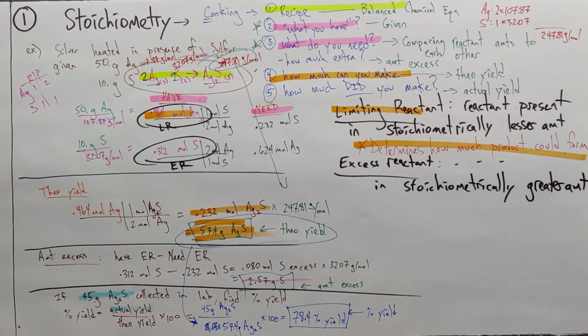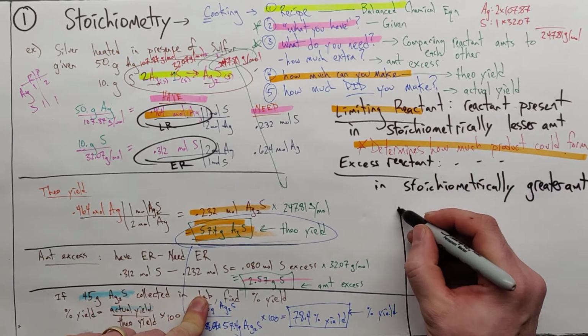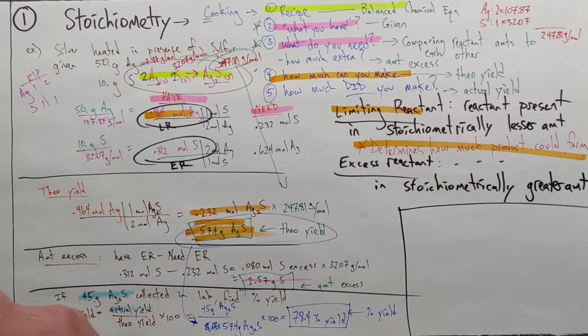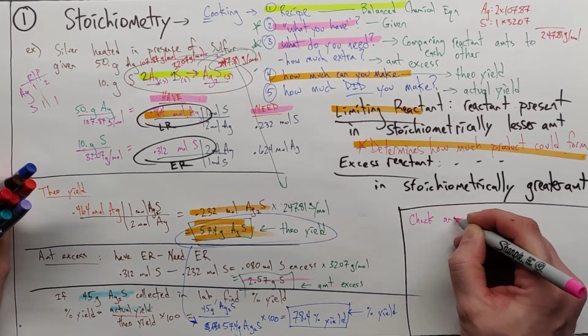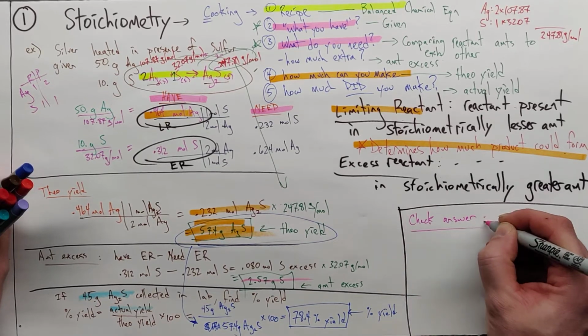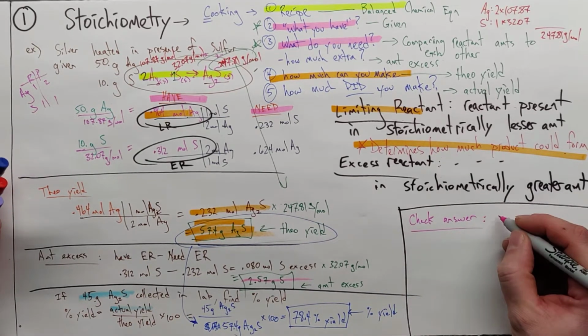And that's really all the things that you can ask for. And what I want to do now real quickly is mention something that was invaluable to me in writing these example problems, and that is you can check your answer. And we can check the answer using the law of conservation of mass.